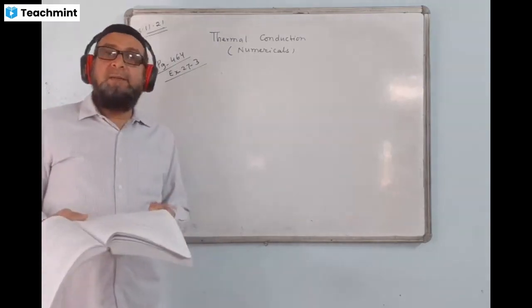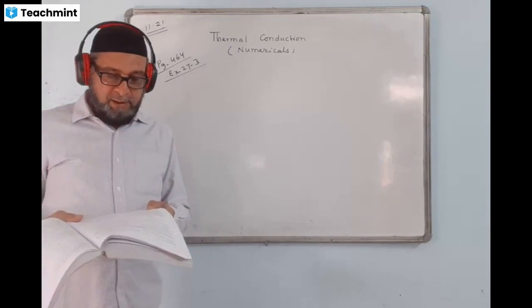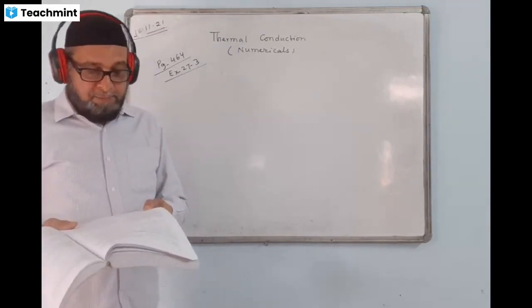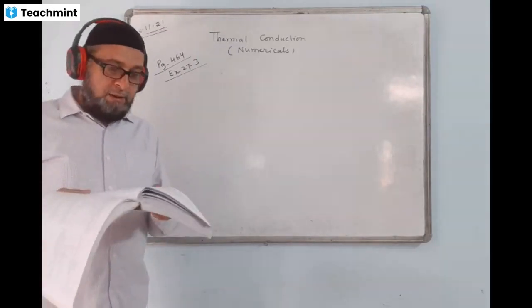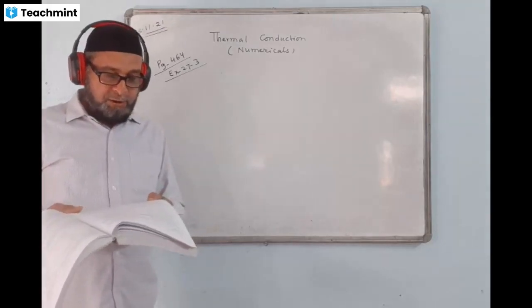The thermal conductivities of their materials are K, 1.5K and 3K. If the temperatures of the extreme ends are 120 degrees Celsius and 0 degrees Celsius, find the temperature of the junctions.